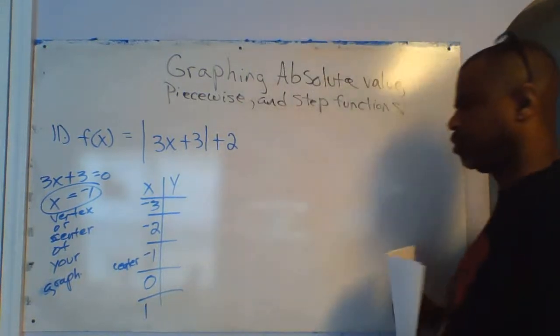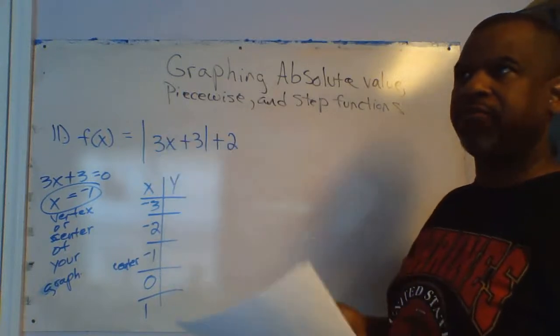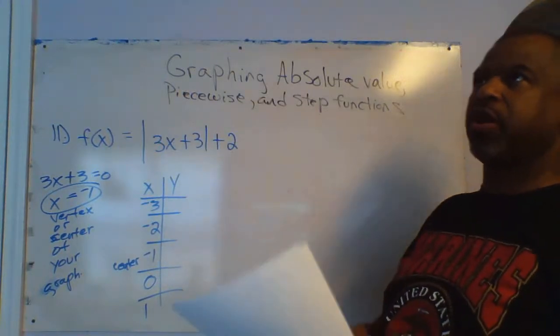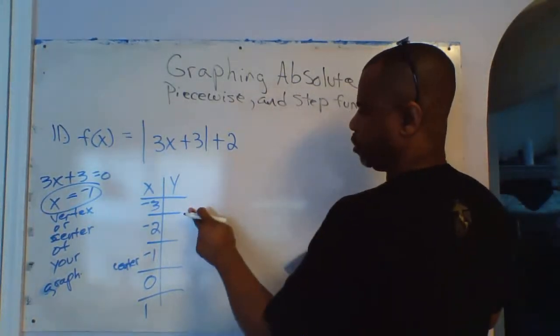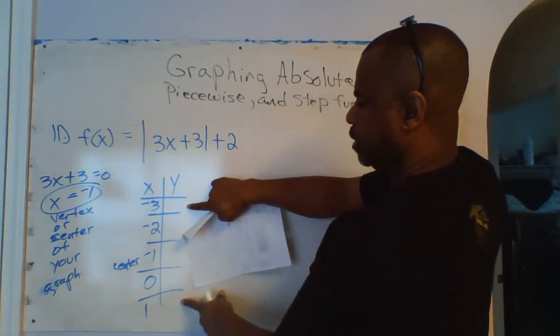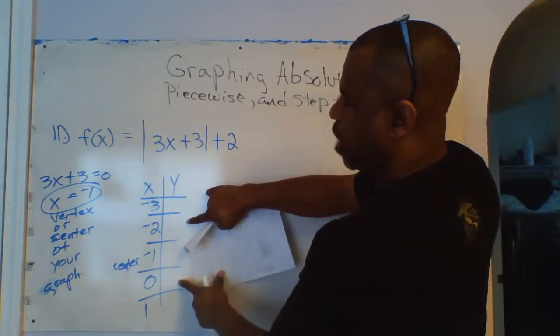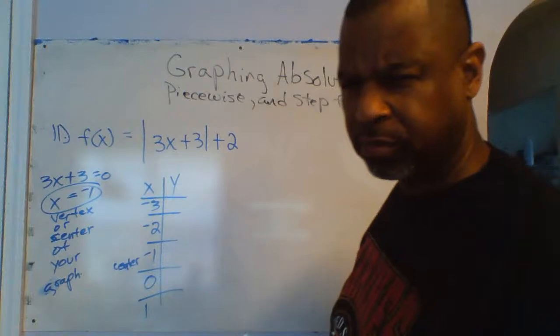Basically what you're doing here is kind of like a linear function, but it's a V shape. These two y's are going to be the same, and this is going to be the very center.